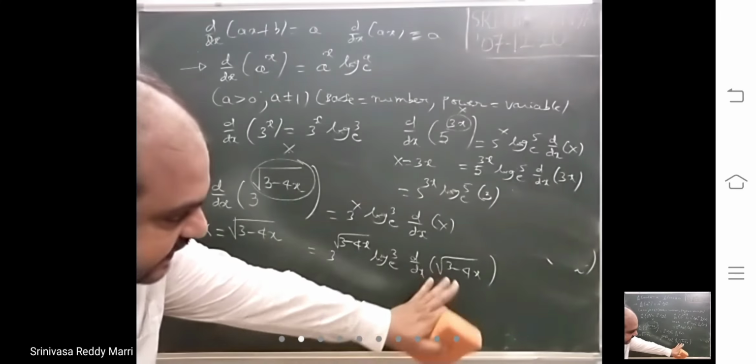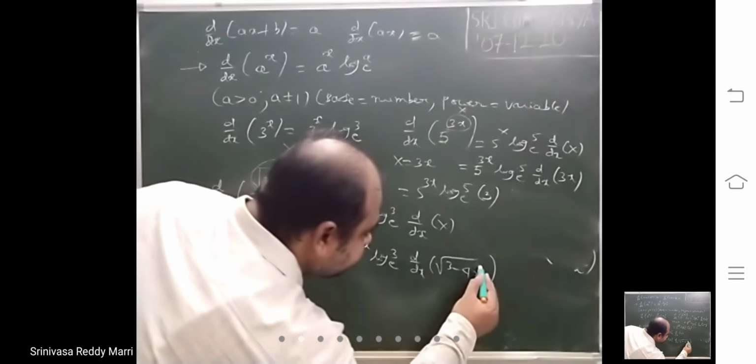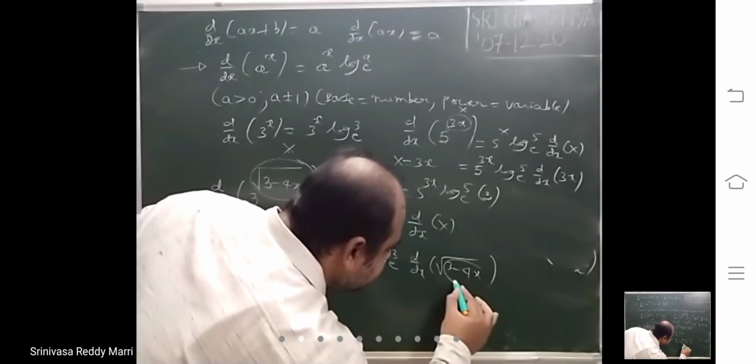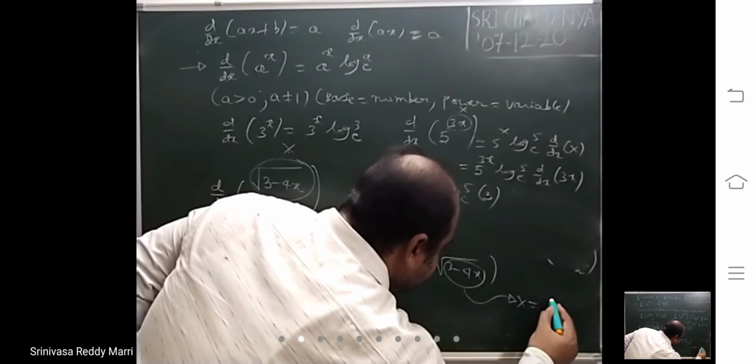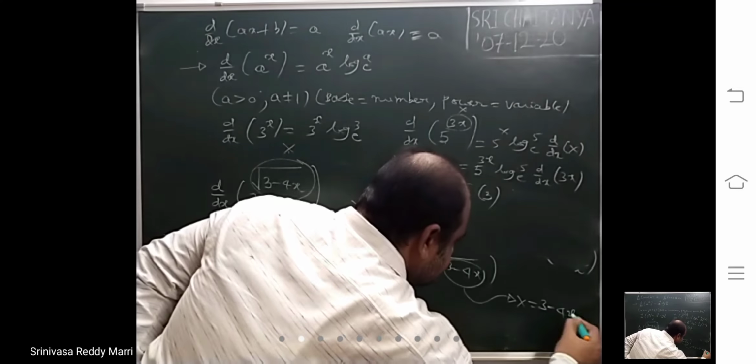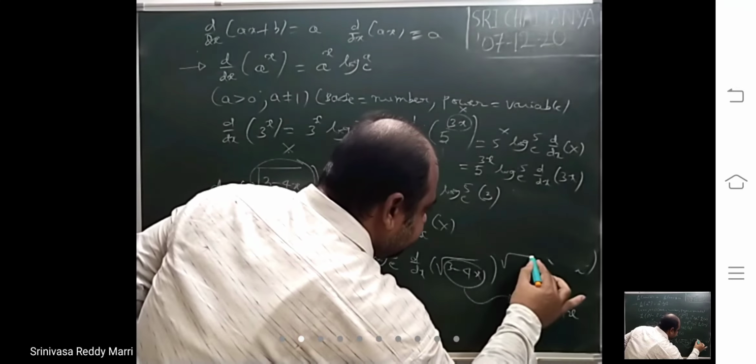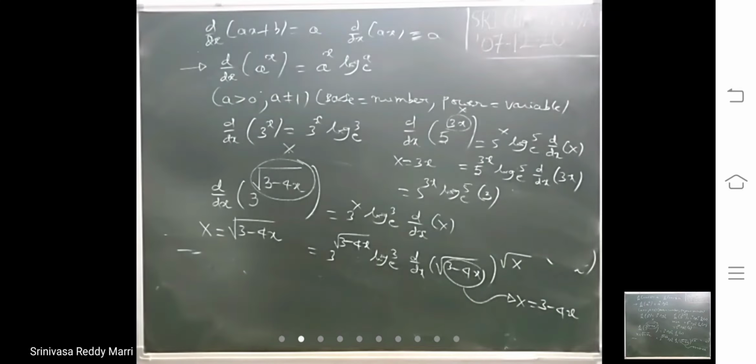Now this is not a standard rule, but root x you know. That means for the time being, this we will take as capital X. That means this will be of the form root x. Under root 1 we will take capital X. What is the formula for root x?